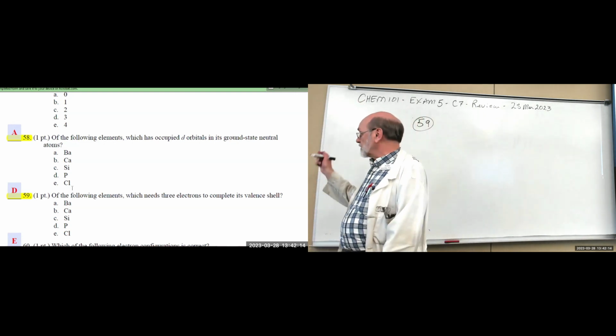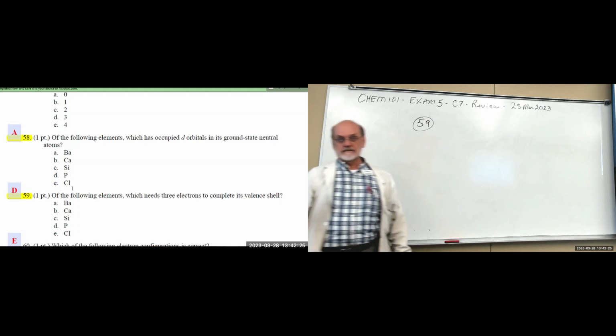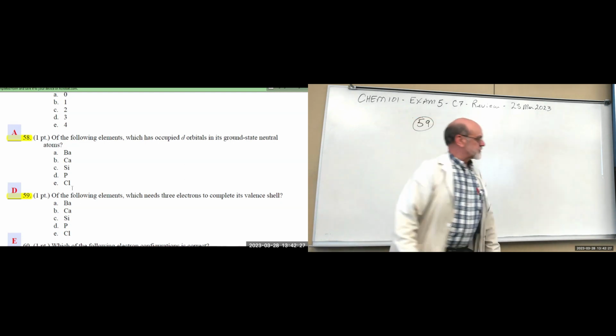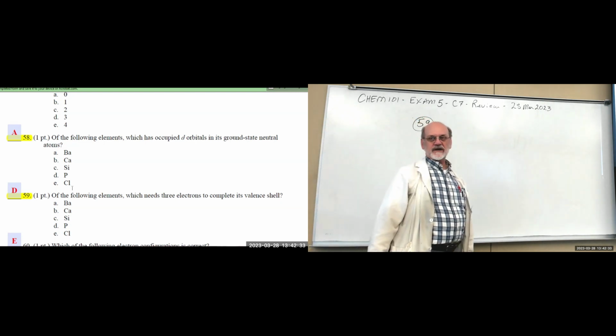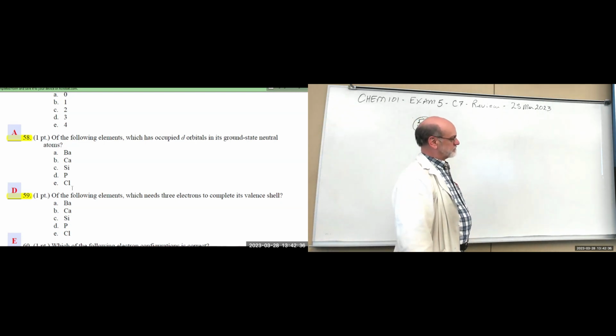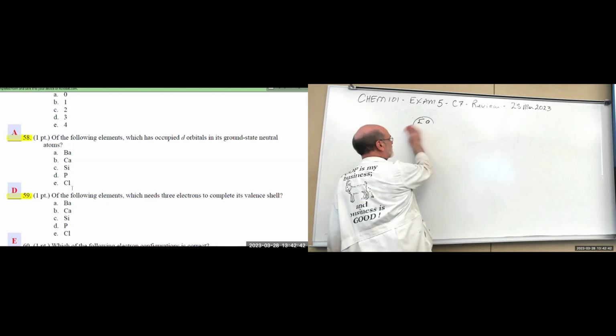Calcium would have to back up 2. Silicon needs 1, 2, 3. It's not complete. It's got to go all the way over to noble gas. How about phosphorus? Phosphorus. 1, 2, 3. Yep, that's it. It will complete its valence shell with 3 electrons. Chlorine only needs 1, just to make the picture complete.